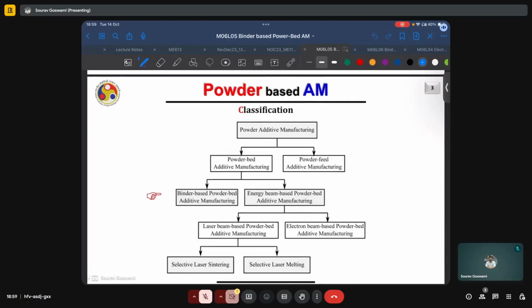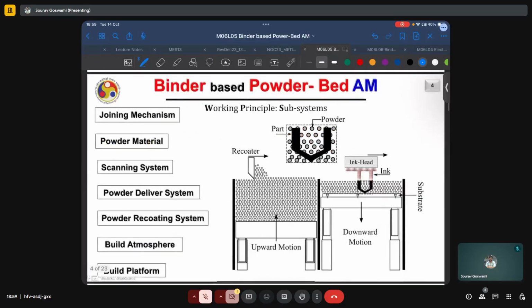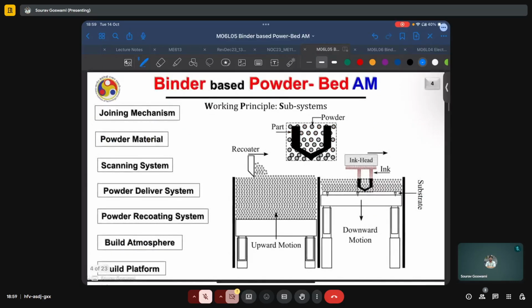So we have now covered almost all the methods under powder additive manufacturing, and we are dealing with the last one, which is the binder based powder bed AM. Again, we see the schematic of the binder jetting machine, which in this case has been shown to be pretty similar to other powder bed based AM machines.